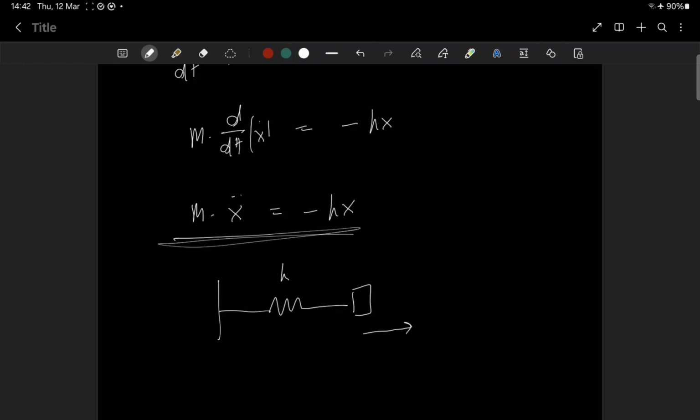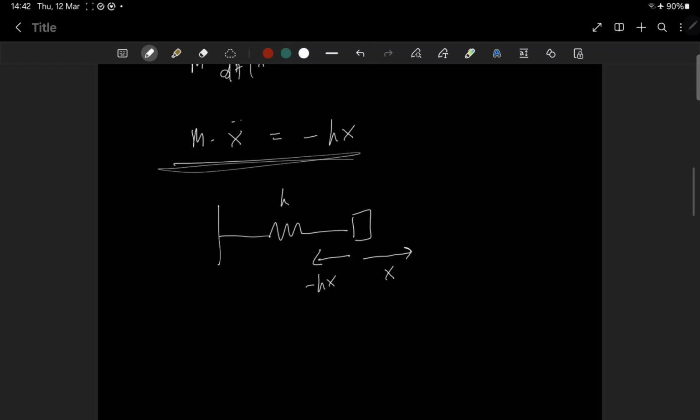So this is the displacement, delta x, or basically just x, and the force is in the opposite direction, which is minus kx.